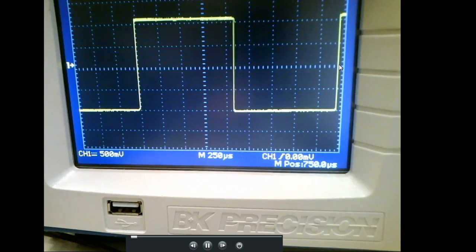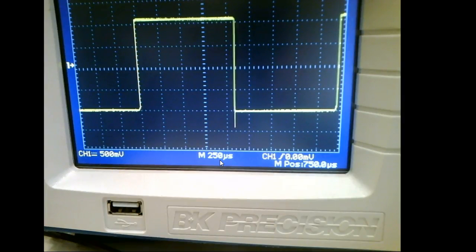So that's 8.8. I'm going to multiply that times 250 microseconds, right? And that should give me the time. So what would be the time? I'm waiting.